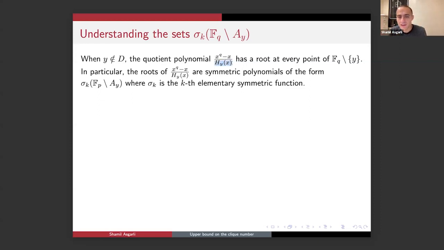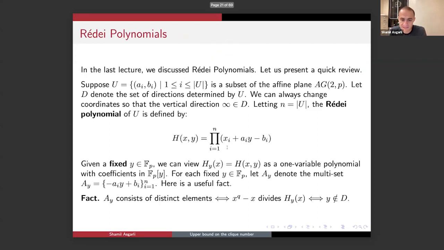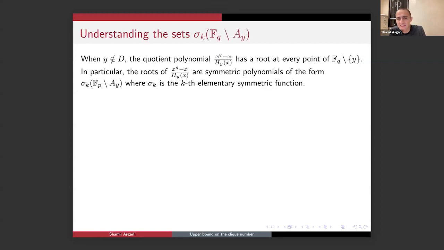And then the roots of hyx are roots of ay. These guys are the roots. I just basically get that this is a polynomial at every point of Fq subtract ay.